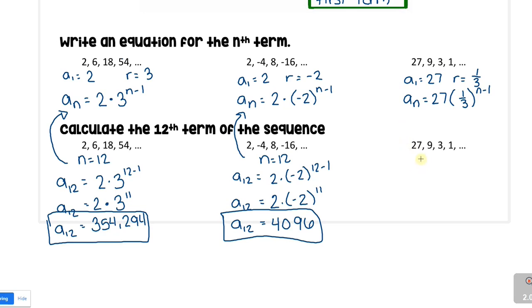We are finding the 12th term, so our n is equal to 12. Substituting it into the formula above, a sub 12 equals 27 times 1/3 to the 12 minus 1 power. Simplify.